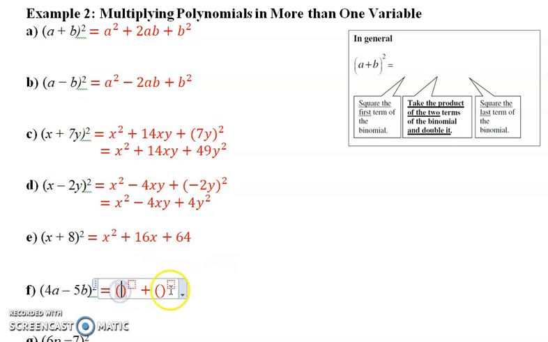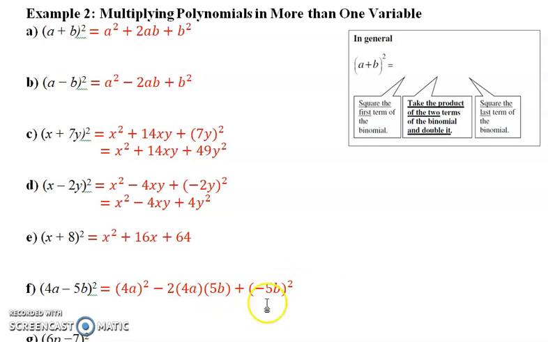Perfect. So this becomes: take the 4a, square it, and then the middle term is going to be minus 2 times 4a times 5b. I didn't show that before, but if you're missing that, that's essentially what we're doing. I was doing it in my head, but we can do it like that. Negative 5b squared. That's what it's going to look like.